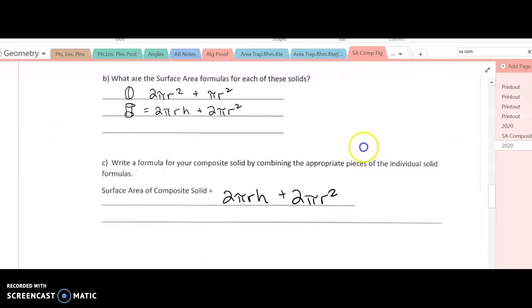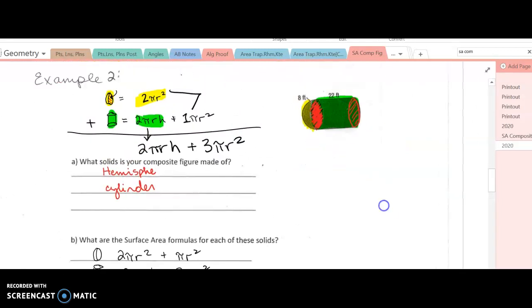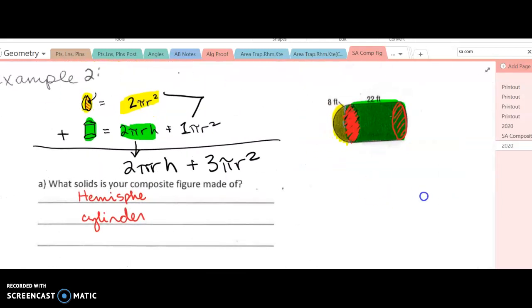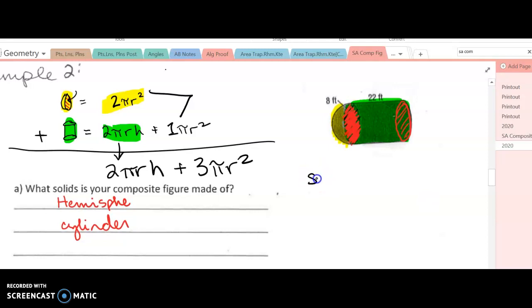Now, this problem didn't have in writing that I wanted you to find the surface area, but let's go ahead and do it. Let's find the surface area. So this is the surface area of the composite right here. And so we know, I can't even see the drawing anymore, that our radius is 8. And we know our distance between our circle bases is 22, so that's our height, sorry. And to be honest, that's all we need, right?